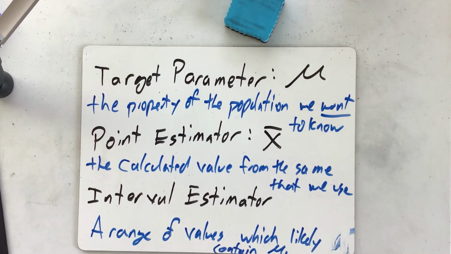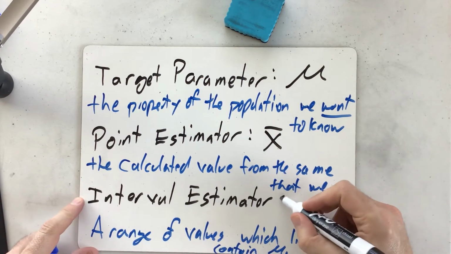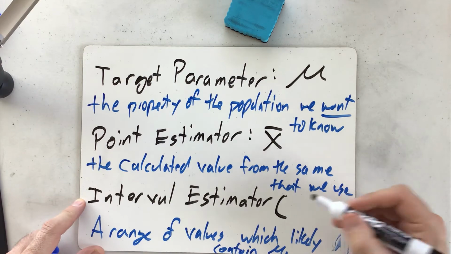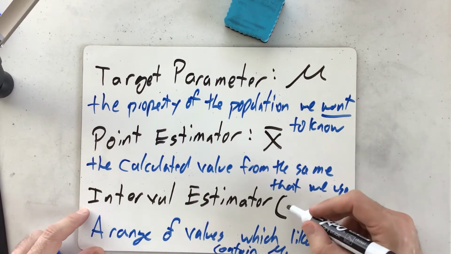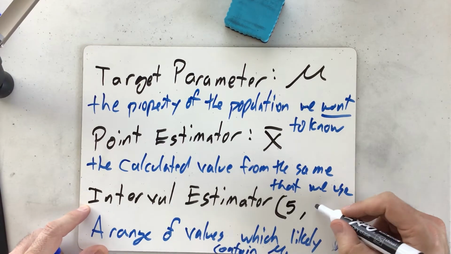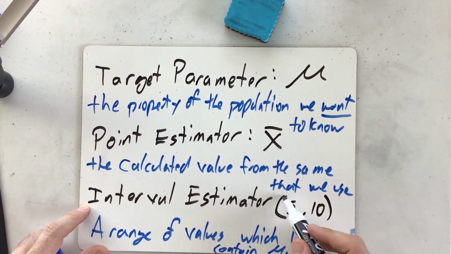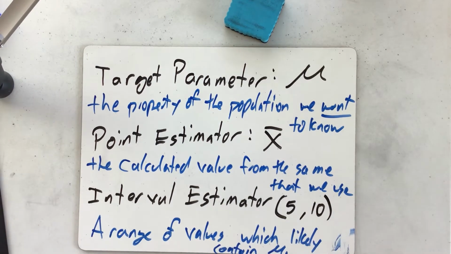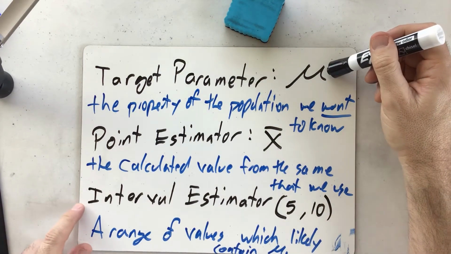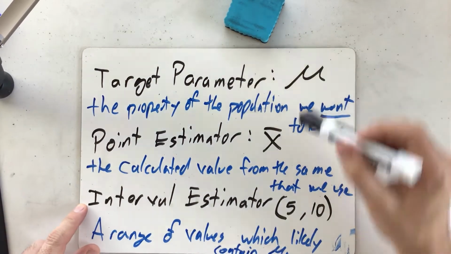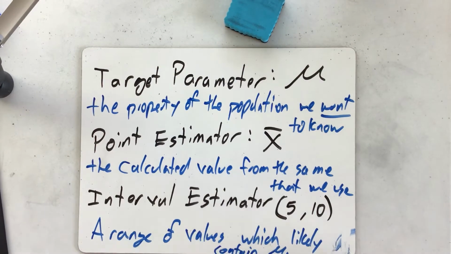So our interval estimator, what we're going to have is some sort of starting value, and then some sort of ending number. Let's just do an example, like the number 5 and then the number 10. We'll end up with an interval that begins with 5 and ends with 10, and that means that our target parameter, the average that we're looking for, is likely within this range. And the point estimator is always going to be smack in the middle. So if we're 5 to 10, the point estimator is going to be 7.5.